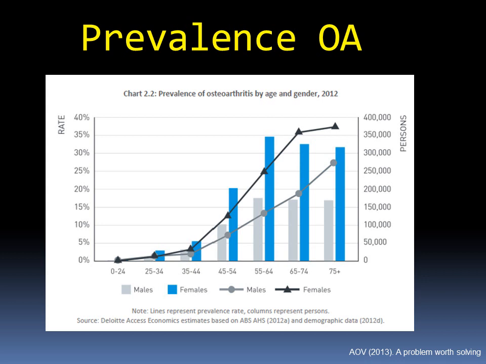It is the third leading cause of life years lost due to disability. Obesity and joint injury are important potential modifiable risk factors of OA. Obesity is also the most important predictor of progression of osteoarthritis. Furthermore, there are about 19,000 hip and 20,000 knee replacements performed each year for osteoarthritis patients here in Australia.